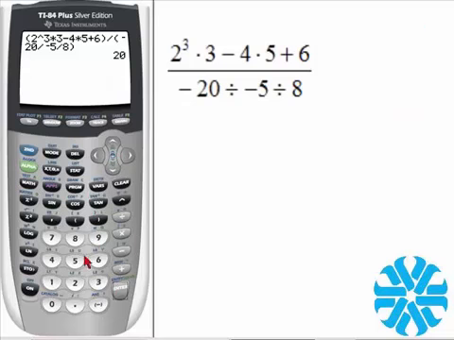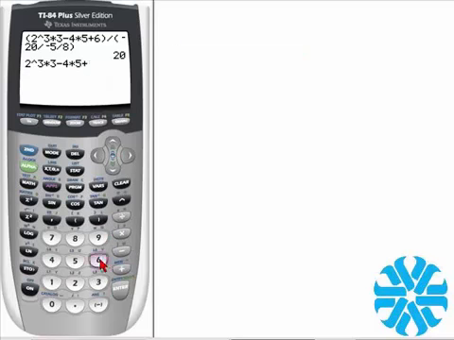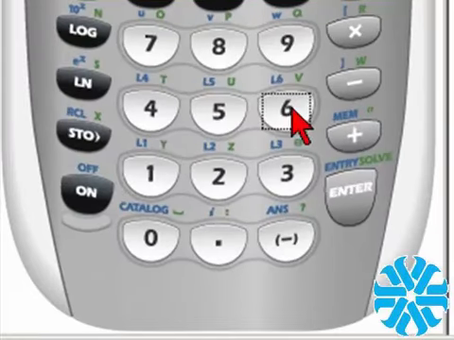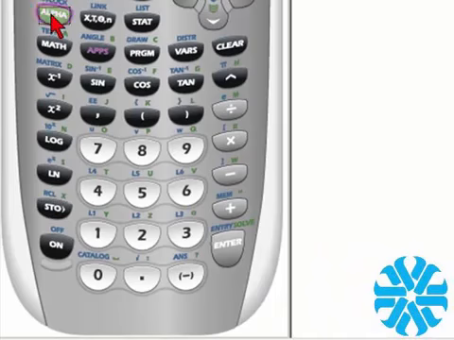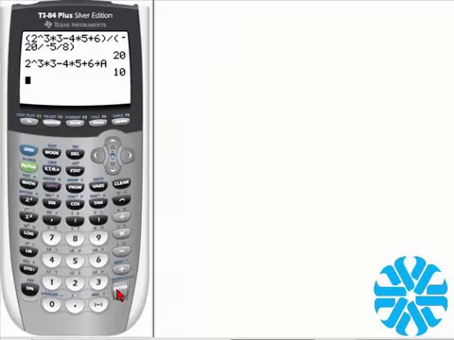Let's take the numerator, 2 raised to the 3rd power multiplied by 3, subtract 4 times 5 added to 6. And we're going to store that value, so we hit the store key, in A. So we hit alpha and then A. We hit enter, and there is the value of the numerator, which is stored in the memory register of A.